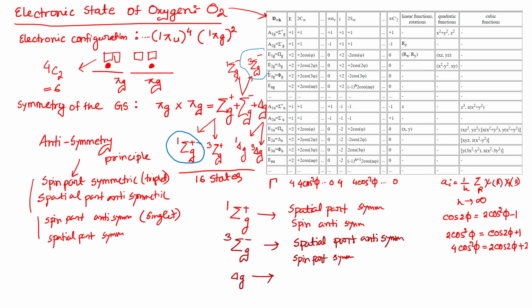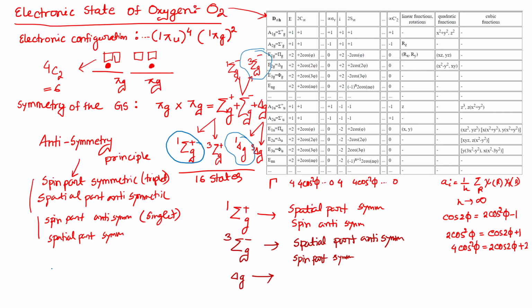So one singlet, one triplet, that means three positions are covered, four positions are covered, only two are remaining, and this can be the only possible case where your singlet delta G, where your singlet state is antisymmetric spin part and spatial part is symmetric. So that is going to be your ground state for the oxygen.